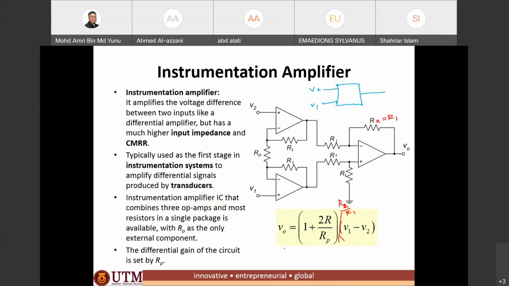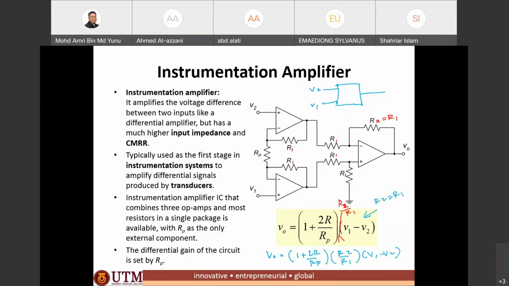Actually the full equation is V out over 1 plus 2R over RP, R2 over R1, times V1 minus V2. But the above equation is for when R2 is equivalent to R1.